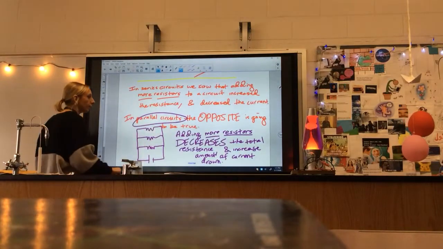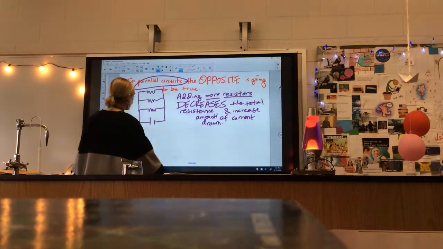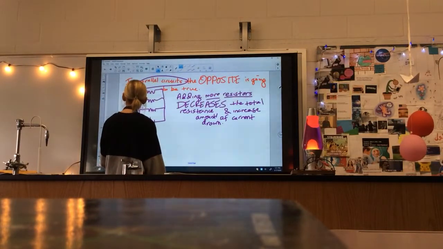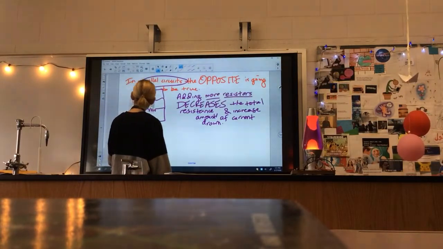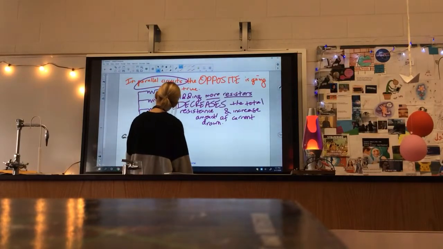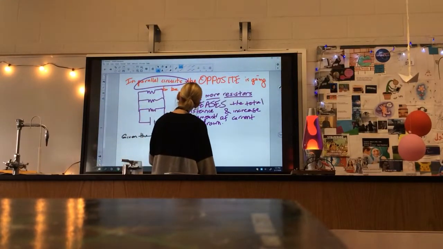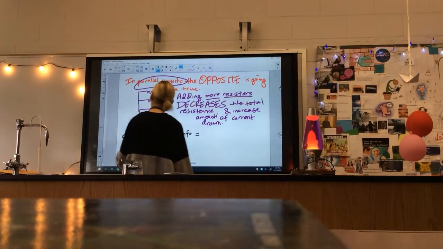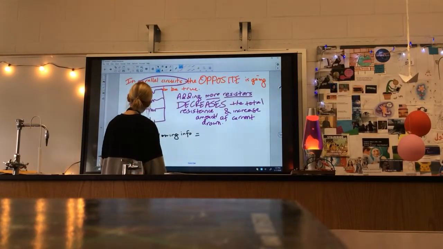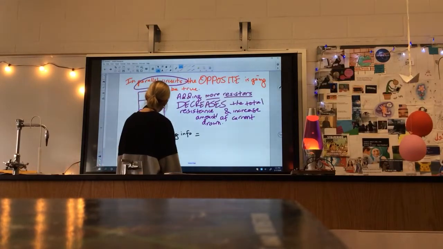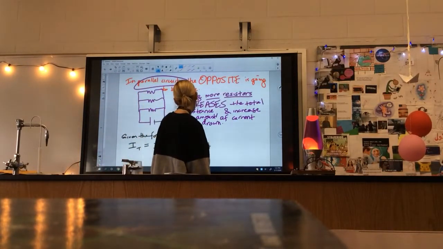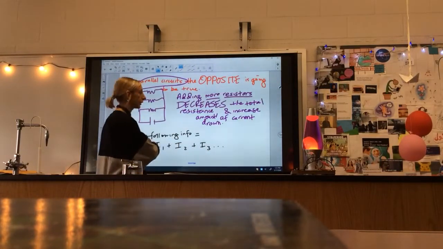Okay. So, given the following information, where I total is equal to I1 plus I2 plus I3, and so on, in a parallel circuit.